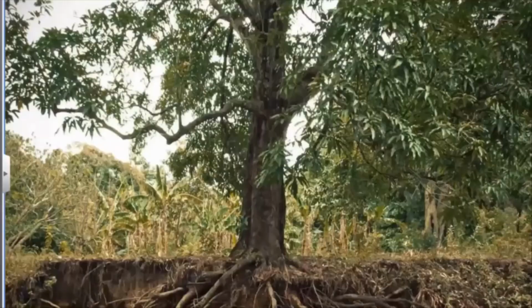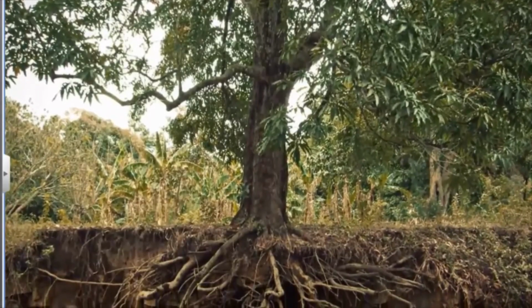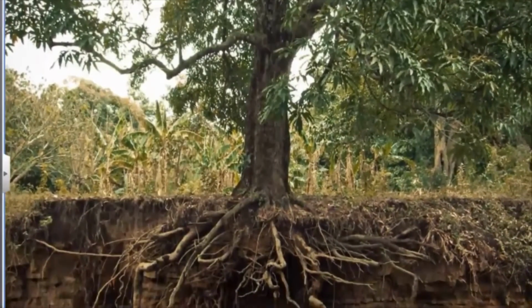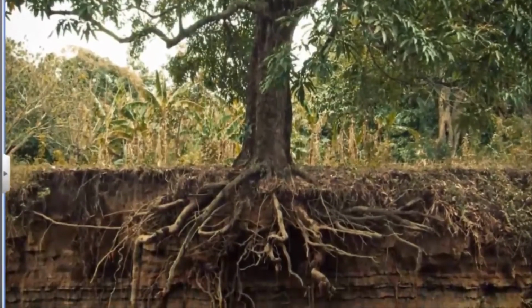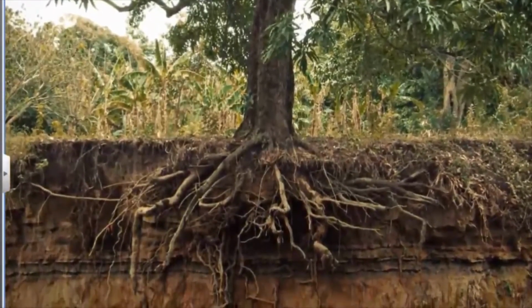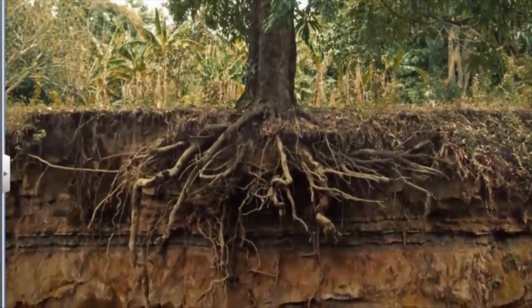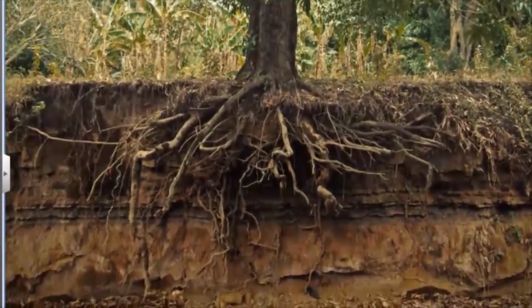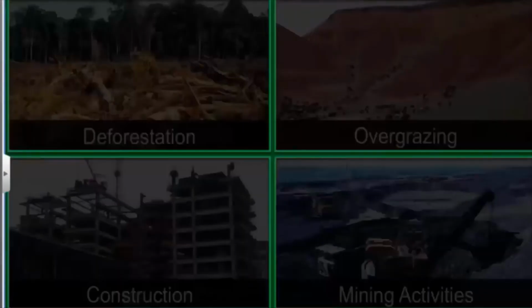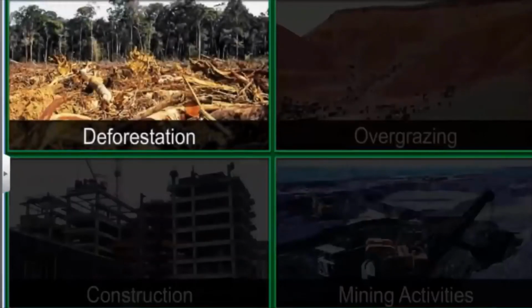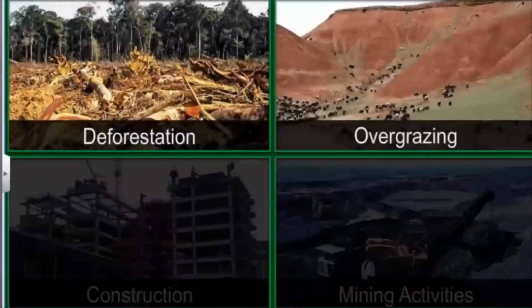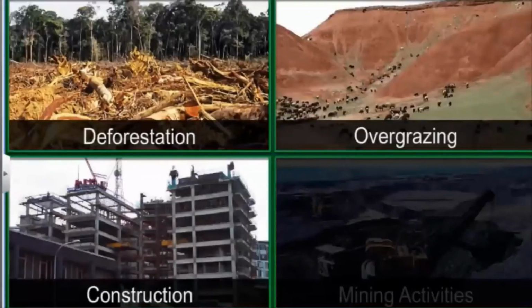The roots of plants and trees keep the soil moist and hold the soil particles together. Humans destroy vegetation cover by deforestation, overgrazing, construction, and mining activities.